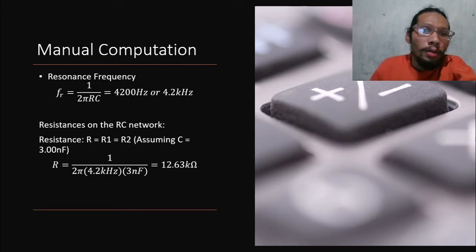So R is equal to 1 over 2 pi times the target frequency of 4.2 kHz times the assumed capacitance of 3 nanofarads, and that is equal to 12.63 kilo ohms.